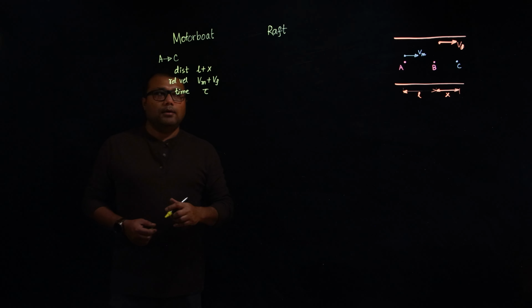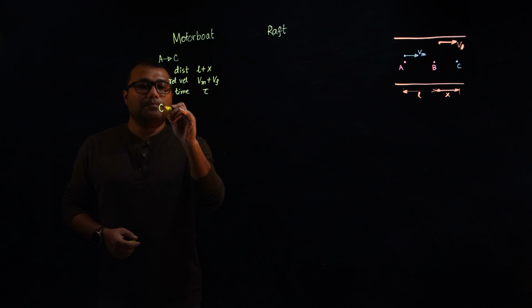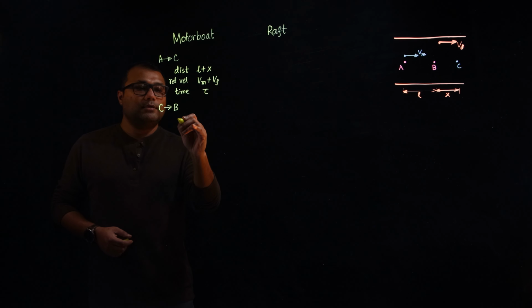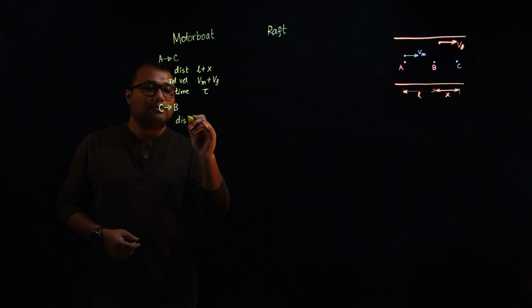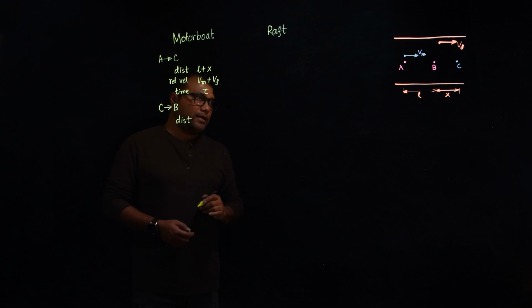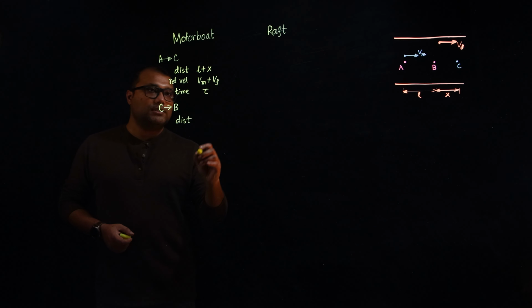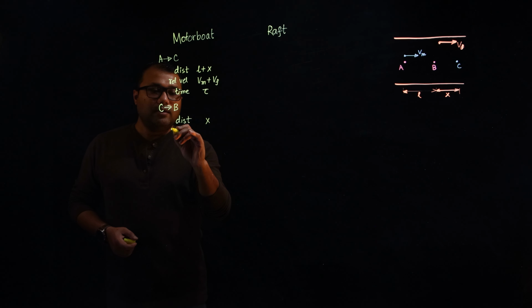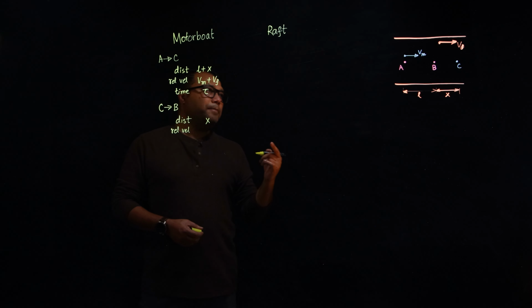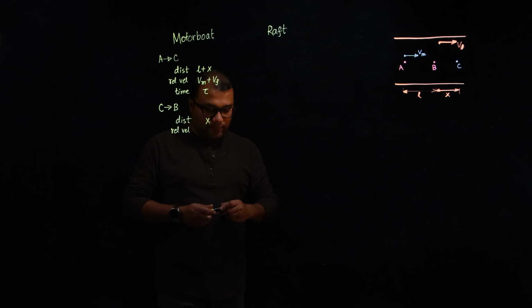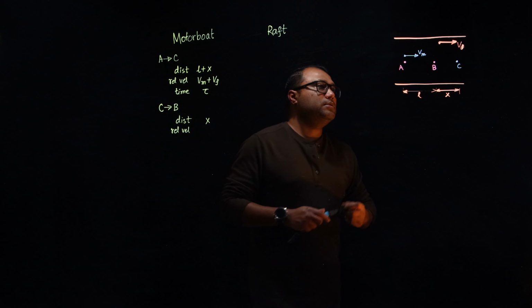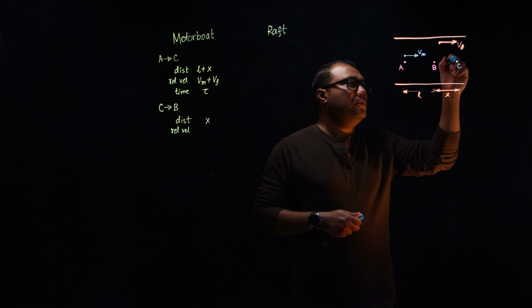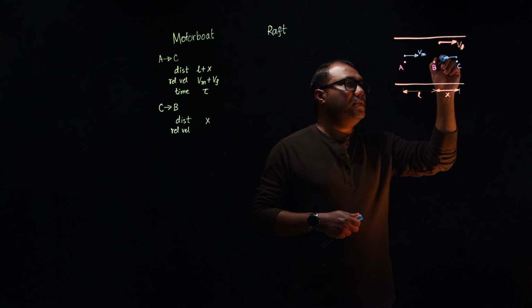Now from C to B, again let's write down the distance. I'm just breaking this down so you can understand it better. The distance covered is x. Its relative velocity now is Vm minus Vf, because from C to B the motorboat's velocity is this way.